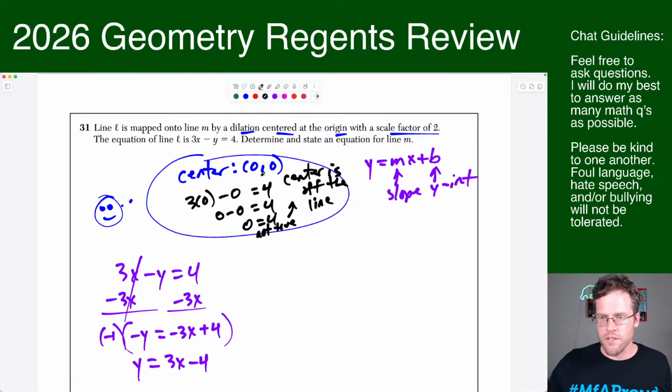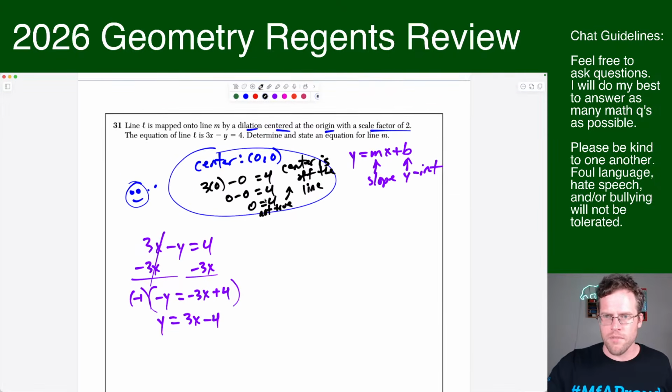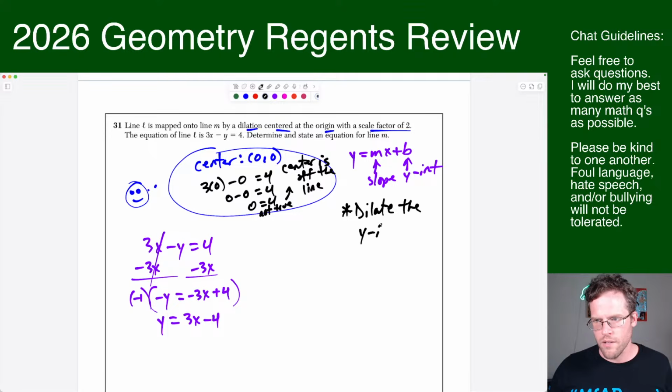So now what this tells us, just so we get the concept down, my best advice for these questions is to note, dilate the y-intercept. And remember, dilated lines are parallel.